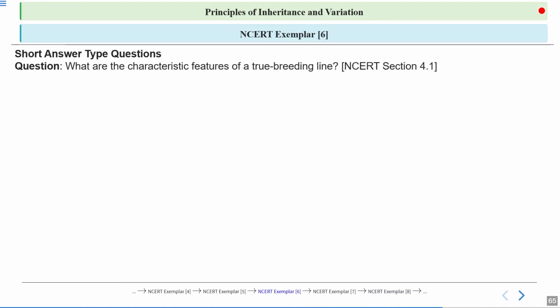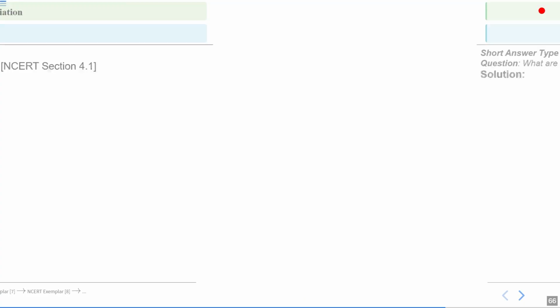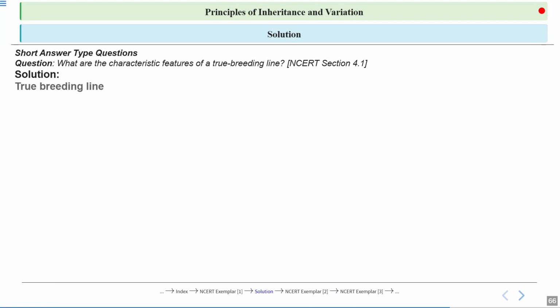Now, what are the characteristic features of true breeding lines? True breeding lines are made by self-pollination. So it is stable trait inheritance and expression for several generations. What do you mean by stable trait inheritance?